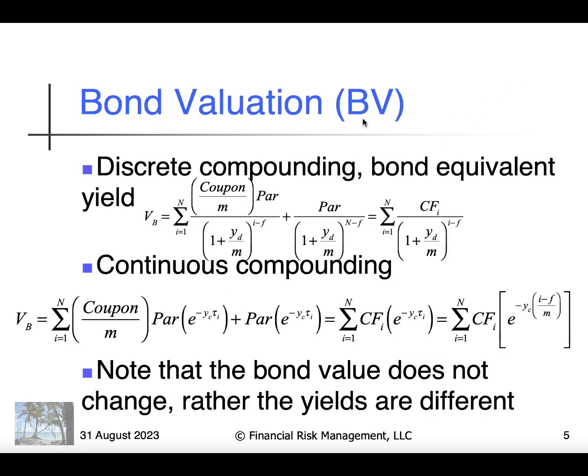Remember, with discrete compounding, we basically have a polynomial. We have the yield, the annualized yield divided by the number of coupon payments. It's discounted by just a counter that runs across all the coupon payments, and we subtract off the fraction of the period that has elapsed already. In simple compressed notation, we can express it this way. With continuous compounding, it's simply e to the minus yc times the fraction of the period that has elapsed.